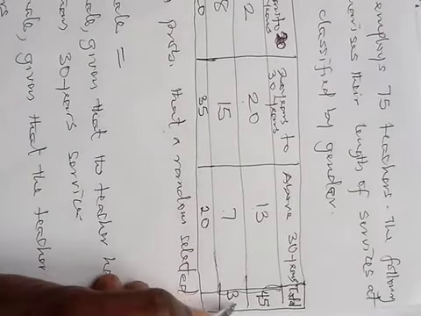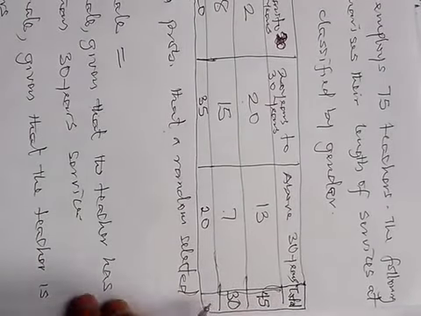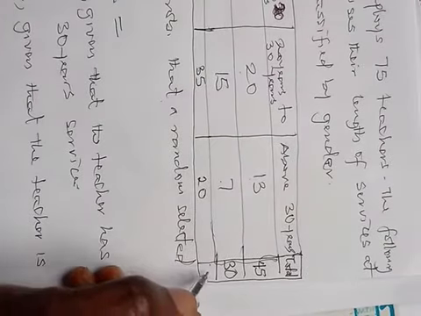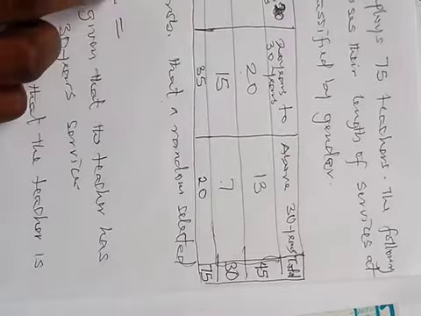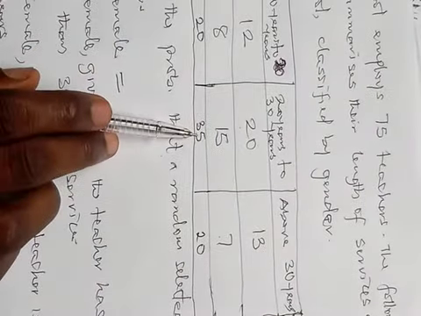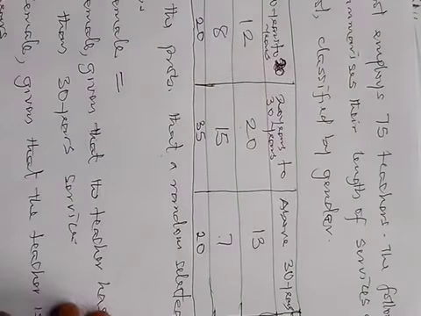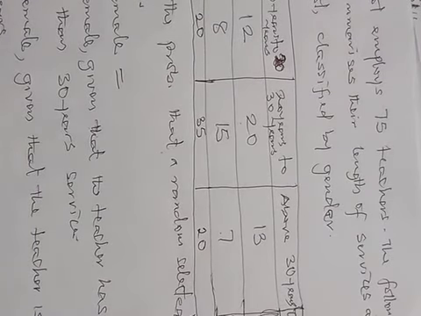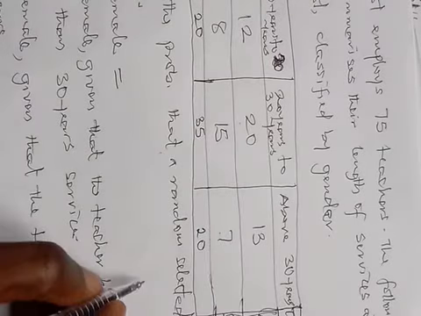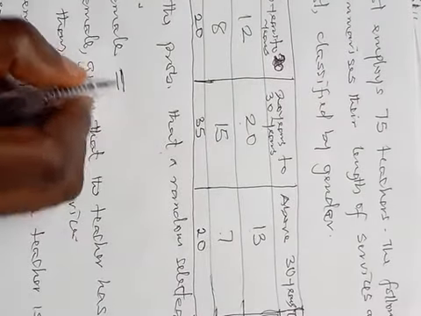So 45 plus 30 is 75. Also 20 plus 35 plus 20 is equal to 75. That simply means the possible outcome is 75 persons in attendance there.